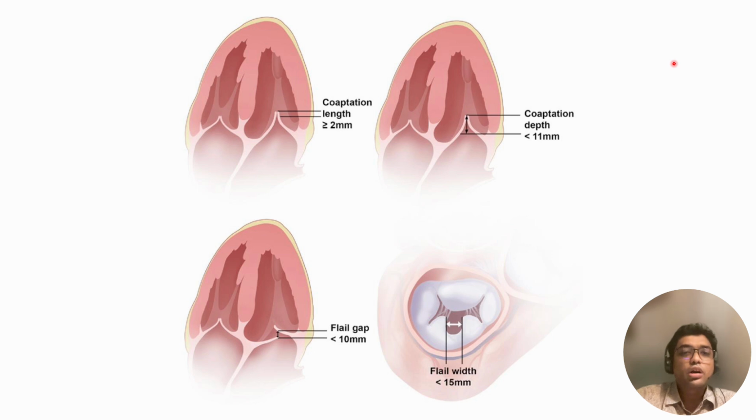These are the four cutoffs for successful mitral valve TEER therapy. Coaptation length should be more than or equal to 2 millimeter. Coaptation depth should be less than 11 millimeter. The flail gap should be less than 10 millimeter, or flail width should be less than 15 millimeter.